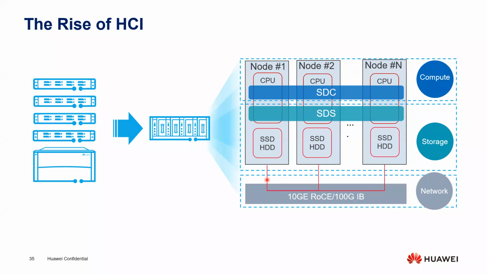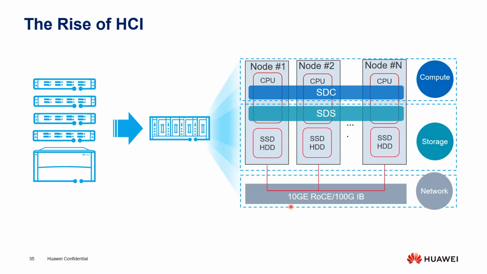So why we need a lossless network is because there is a huge amount of data need to be synchronized across all the nodes, so that if in case one node is coming down, your data is available across other nodes in a fraction of seconds. So there is no business interruption. So here we need a lossless network to support this synchronization pipe. This is important. You need to understand this point.